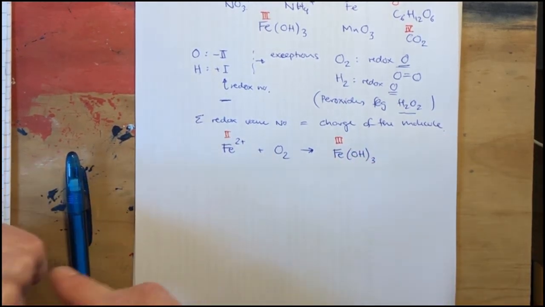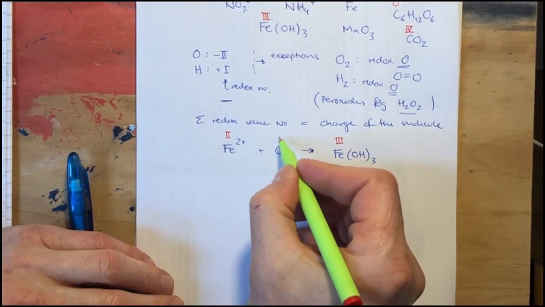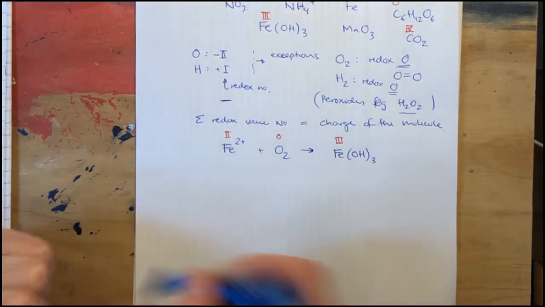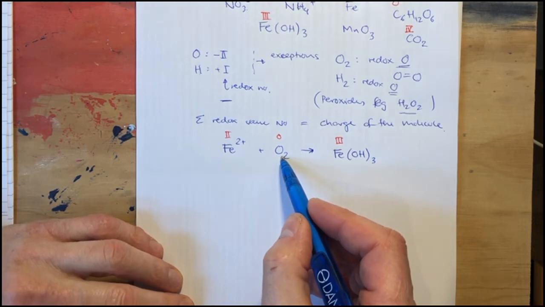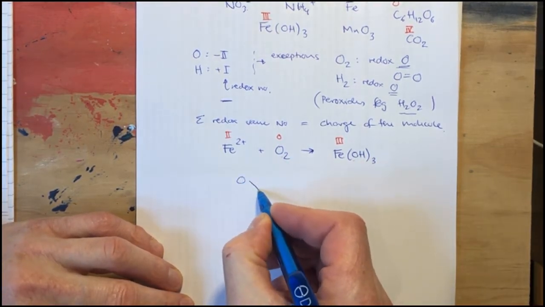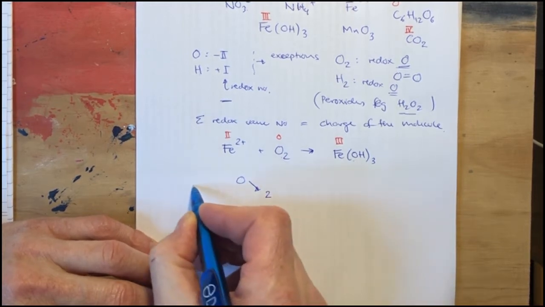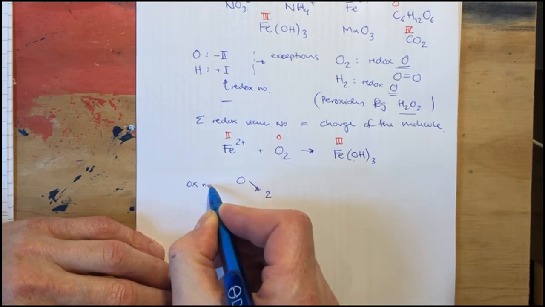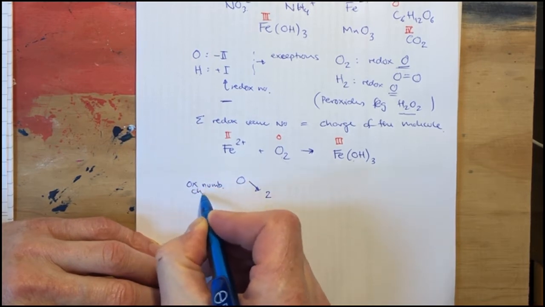So if we are using oxygen, and oxygen here has a redox number of 0, then what happens to the oxygen is that it goes from 0 to -2. So we write that oxygen goes down 2 in redox number.